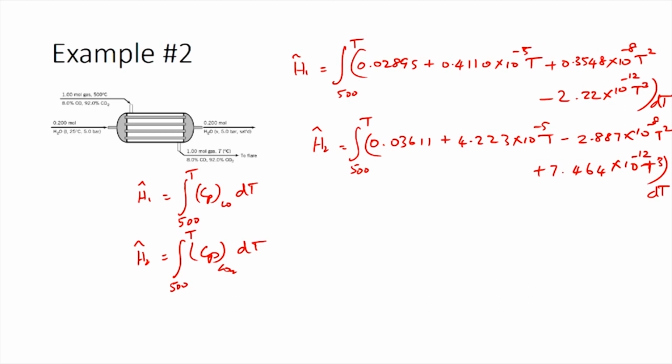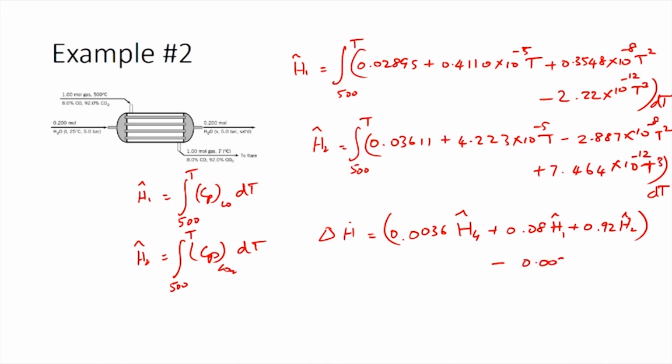Now we can calculate delta H dot as 0.0036 times H4 cap plus 0.08 times H1 cap plus 0.92 times H2 cap, minus 0.0036 times H3 cap.